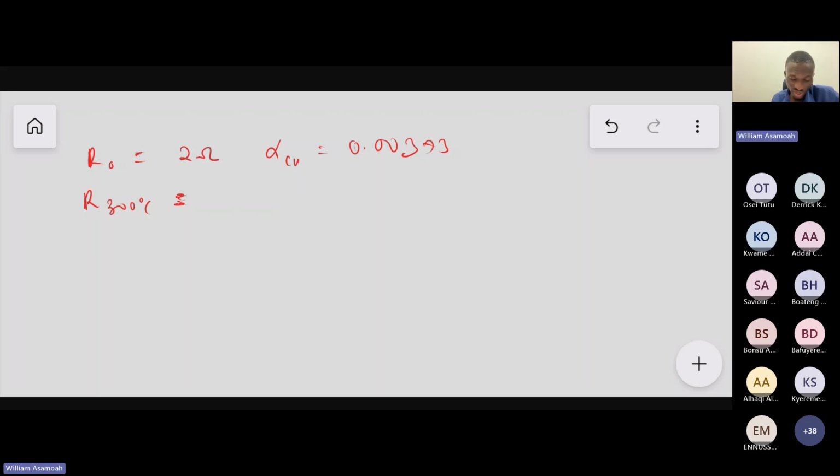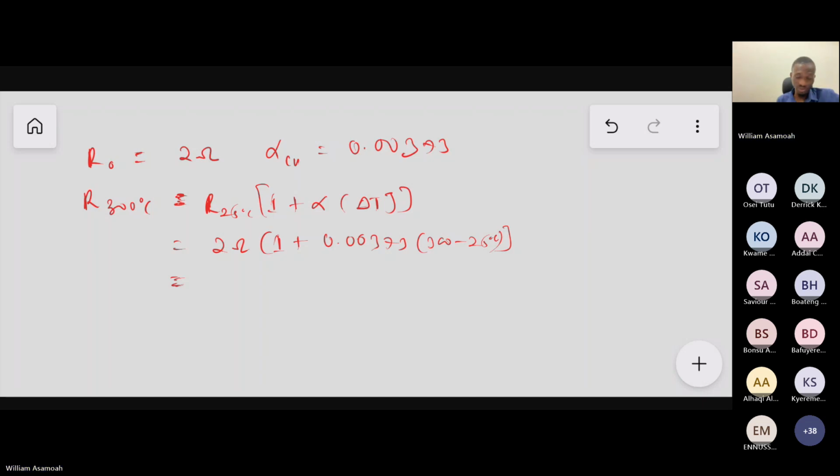When we are looking at it, the formula will be R at 25 degrees Celsius times 1 plus alpha times change in T. So at 25 degrees Celsius, we have 2 ohms times 1 plus 0.00393 times 300 minus 25. So 300 minus 25 will give us what? 275.